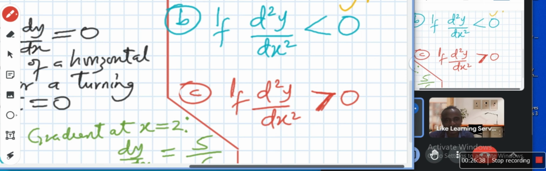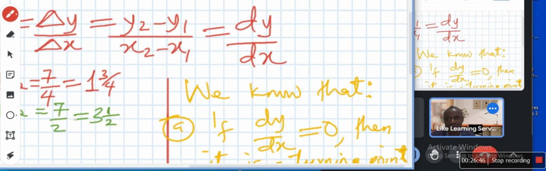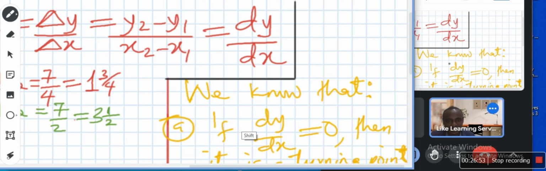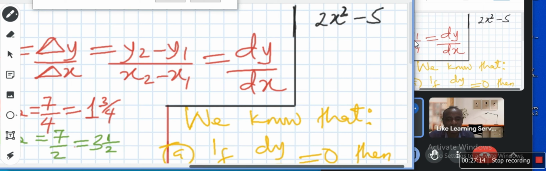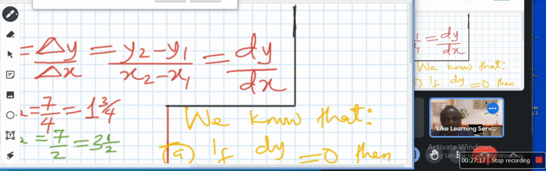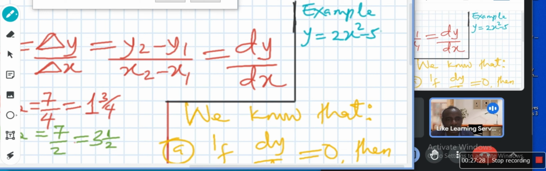Okay, so I will tell you. I'm going to use an example to illustrate this. Let me show you. Example, y equal to 2x squared minus 5x.